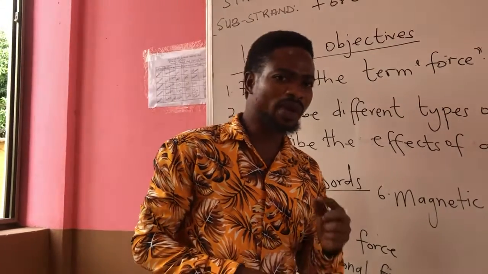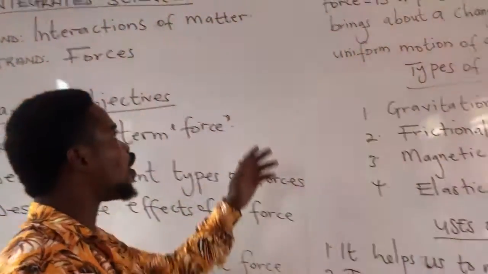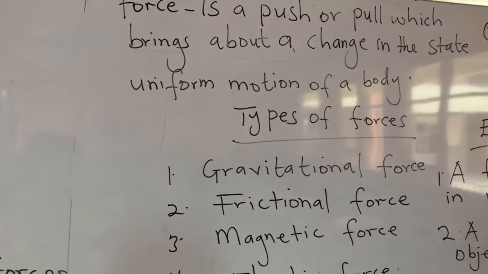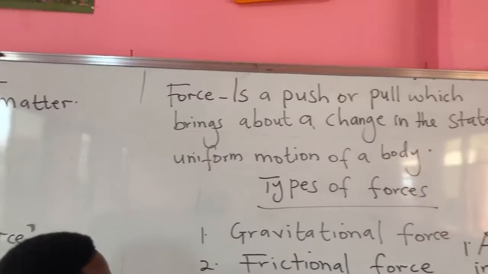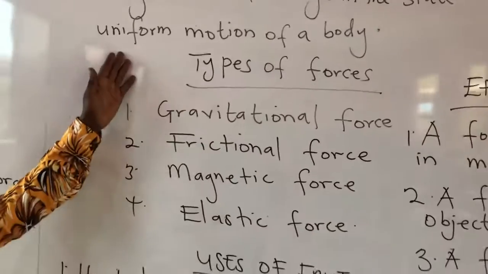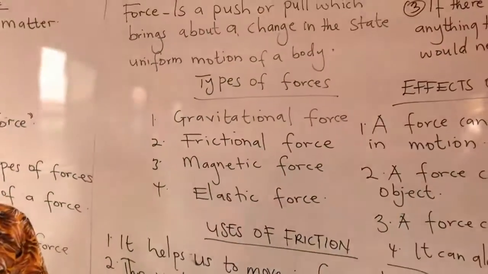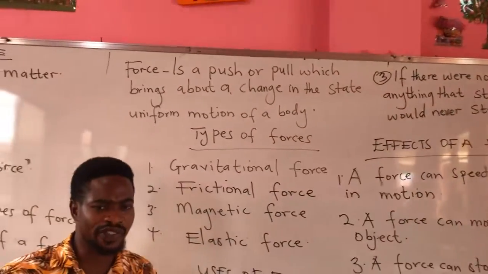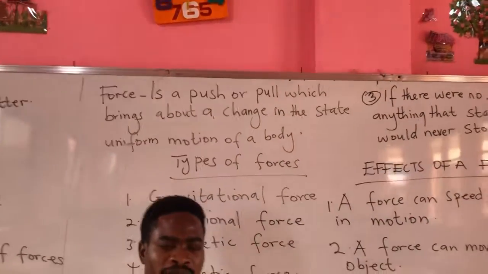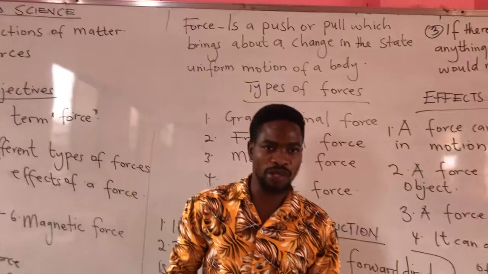Now today we are looking at force. What is force? We say force is a push or pull which brings about a change in the state or uniform motion of a body. When something is being lifted or carried, the body of that thing does not change.